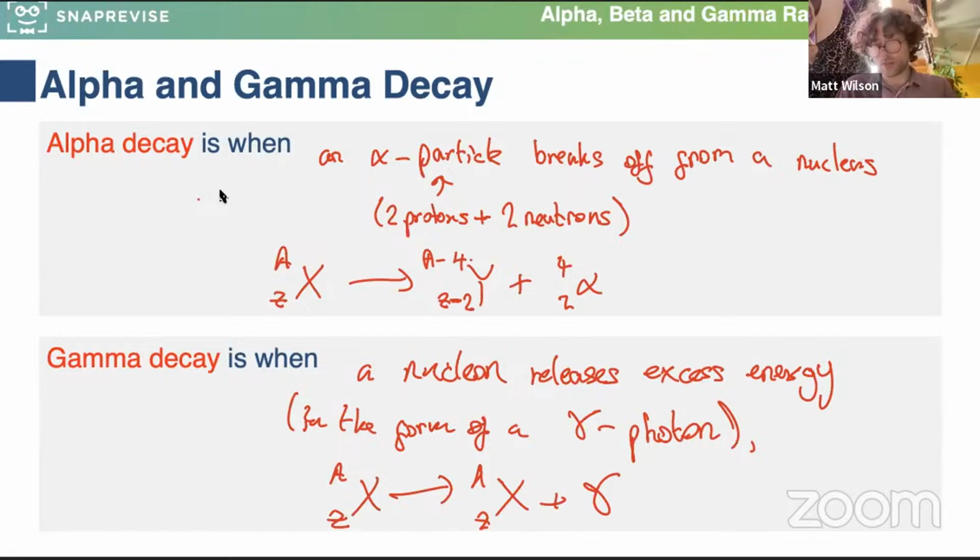Now, before we go through some exam questions, something you might be wondering is why do particles decay? Well, one answer, which you will learn as you go through this topic in A-level physics, is it's hard to predict when an individual particle is going to decay, when an individual nucleus is going to decay. However, we can still give reasons as to why certain nuclei are more likely to decay than others.